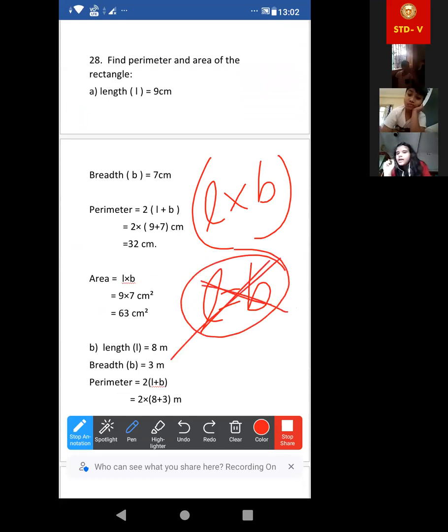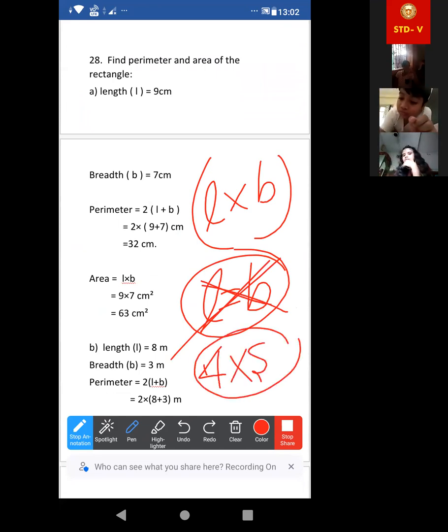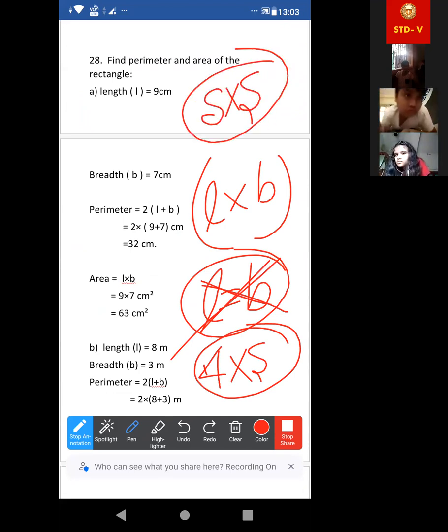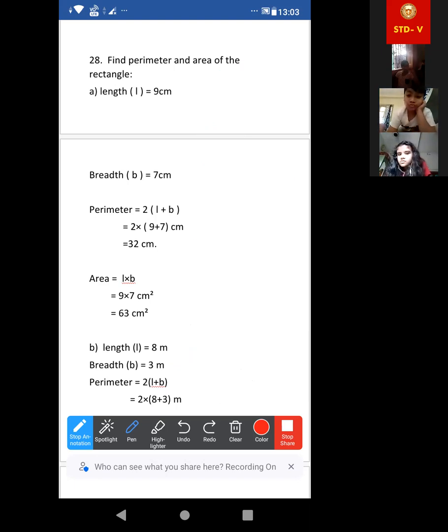That means 4 into side is the formula of perimeter of square, and area of square is side into side. I'm just writing S in place of side. Just write this. You can write the formula.